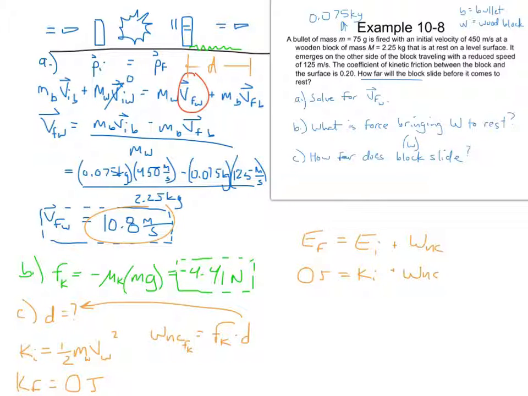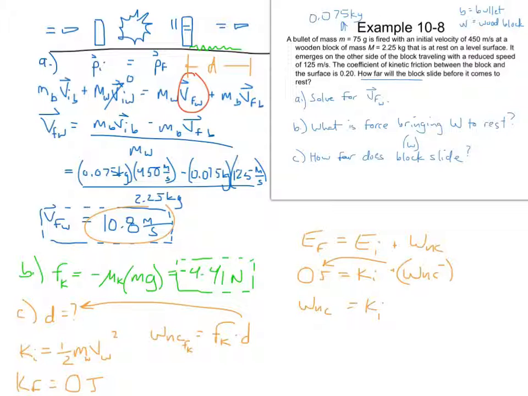The non-conservative work is actually negative, right? So since this side right here is 0, I'm going to just bring that to that side. So we can say the non-conservative work that is done equals the initial kinetic energy.